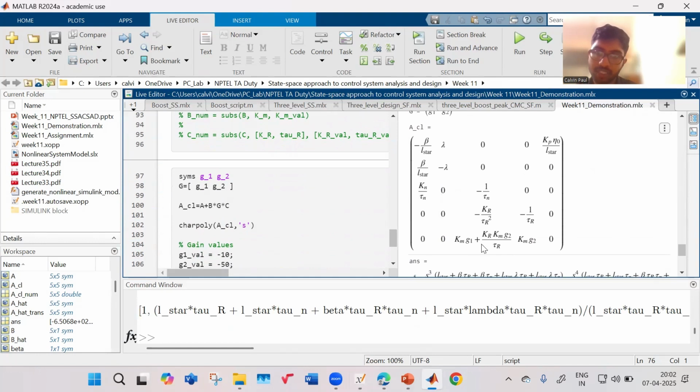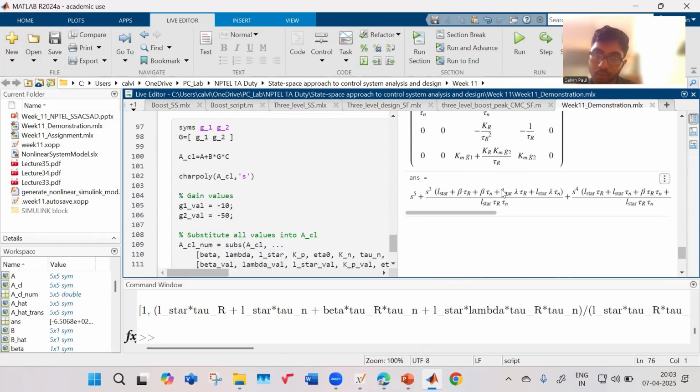This is the overall closed loop matrix, and we see that only two elements can be changed by G1 and G2. And then we saw the characteristic polynomial, and again if you observe it, only the S term, the S squared term and the last constant term can be controlled or changed by the choice of G1 and G2.